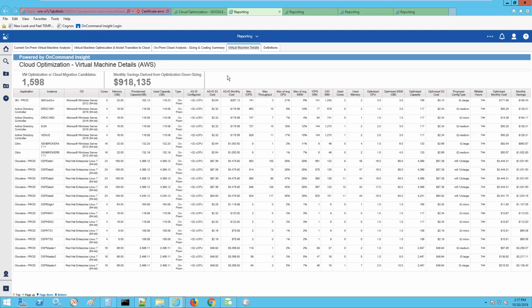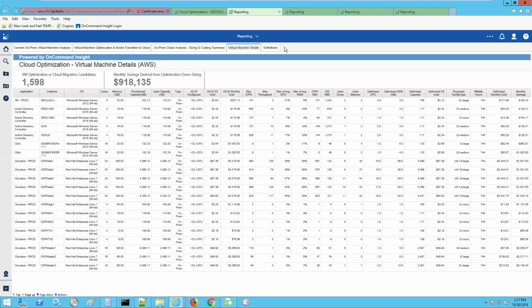When you are ready to lift and shift to off-prem, this will help you identify the best bucket, what my proposed configuration type is, how that platform fits in there, and what it's going to cost me. So you can gauge, based on your needs, what a specific platform or instance would cost if I bring it over, based on the recommendations and the performance metrics that I'm using in OCI.